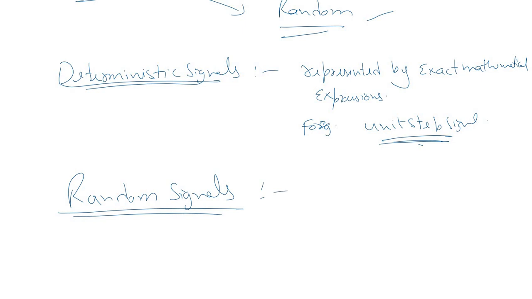On the other hand, random signals are those signals which cannot be repeated in a predictable manner. It is just opposite to the deterministic signals. It cannot be repeated in a predictable manner, or you can say it cannot be represented by an exact mathematical expression.